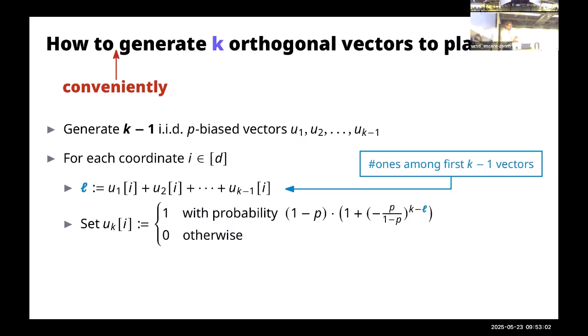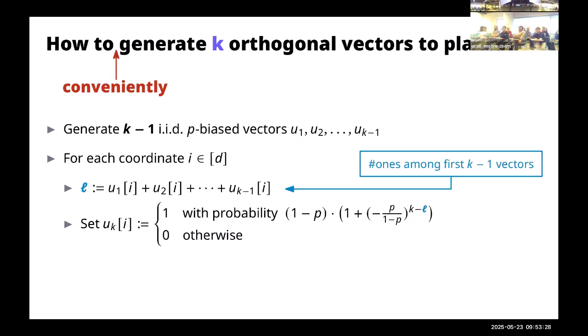Because the marginal distribution of the first k minus 1, or any other k minus 1, must be the same as random, I can just generate k minus 1 fully random PBS vectors and then figure out what should be the probability for the last vector. This will, of course, depend on what was generated before. The last one must be correlated with the others.